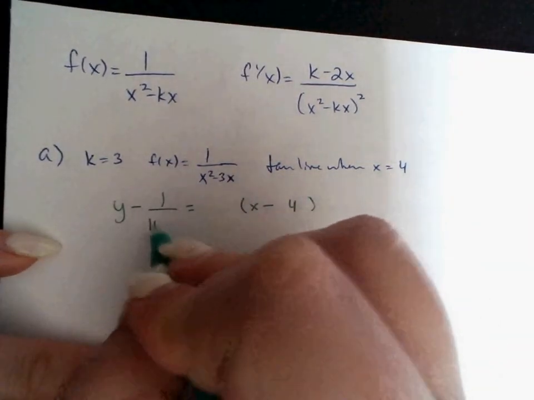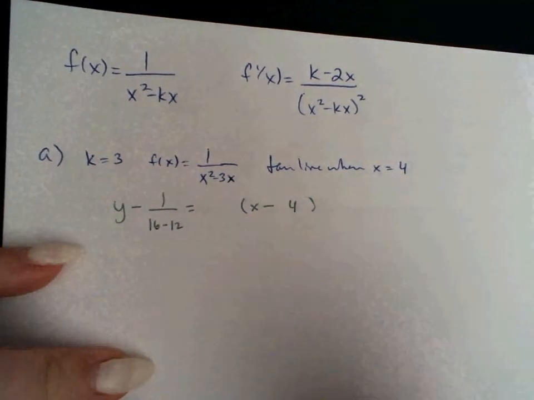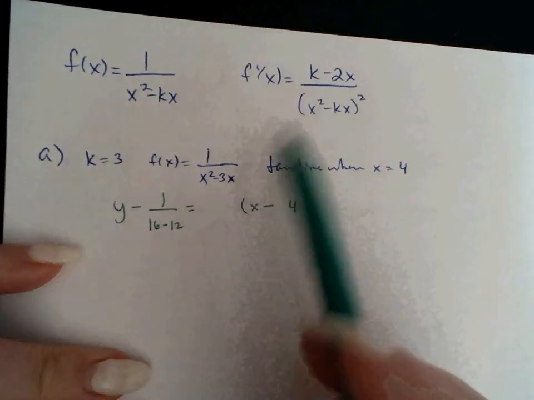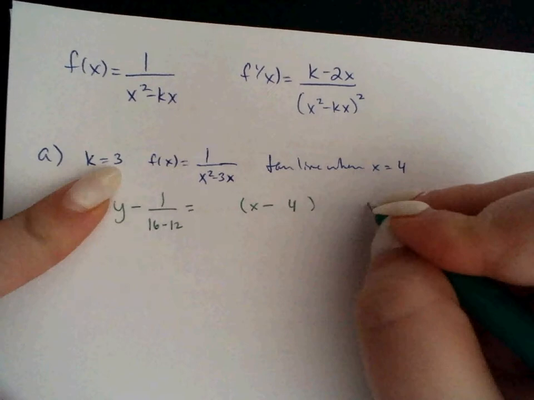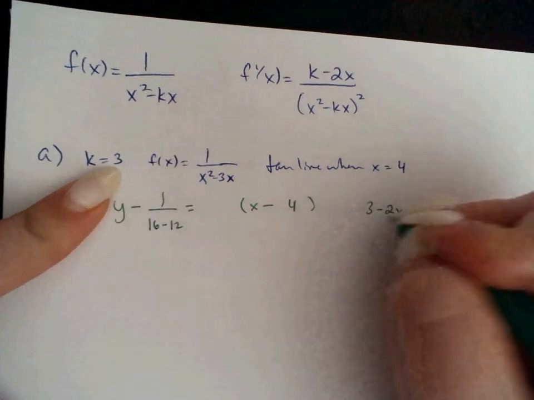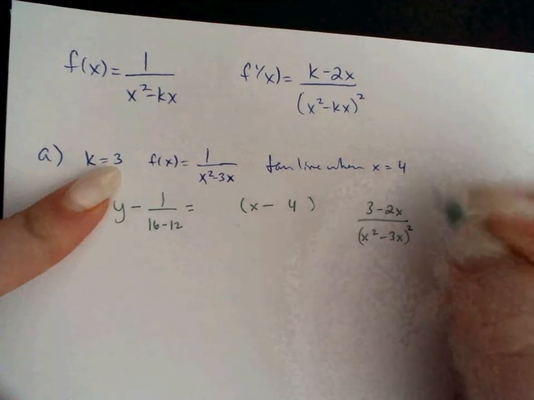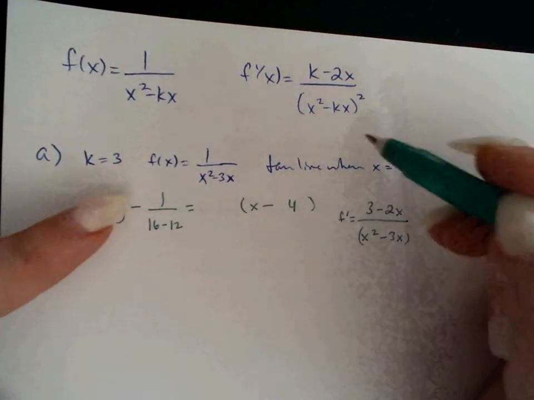We gotta plug in 4 and get y, so honestly we could just do 1 over 16 minus 12, which you could say 1/4. And then we need the derivative, so we just plug that into f prime. So I'm going to plug 3 in there and say 3 minus 2x over x squared minus 3x quantity squared. That's f prime.